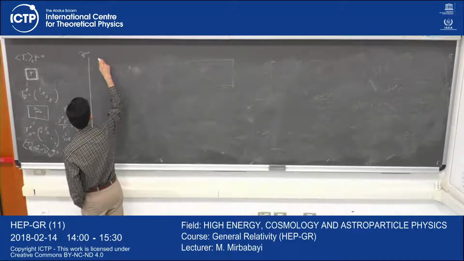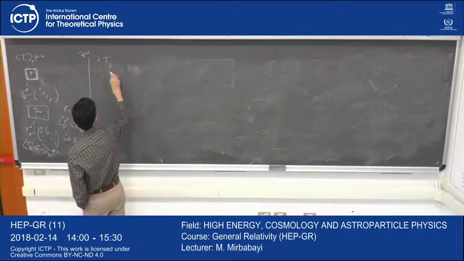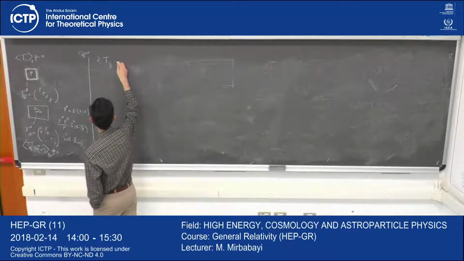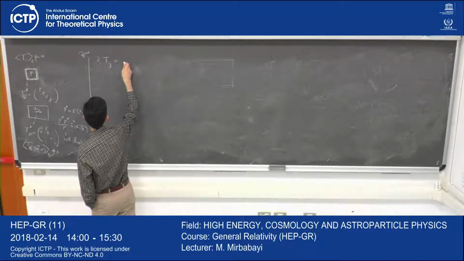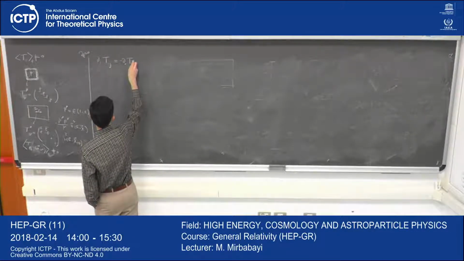So what I was trying to argue was that if I consider ∂_i of T^ij, that is by conservation equal to minus ∂_0 of T^0j.